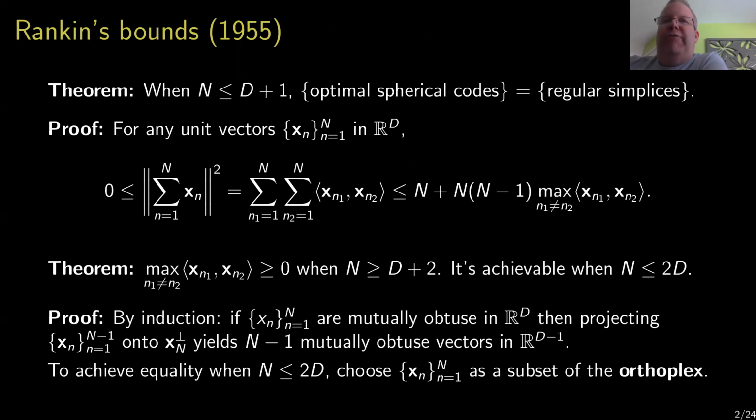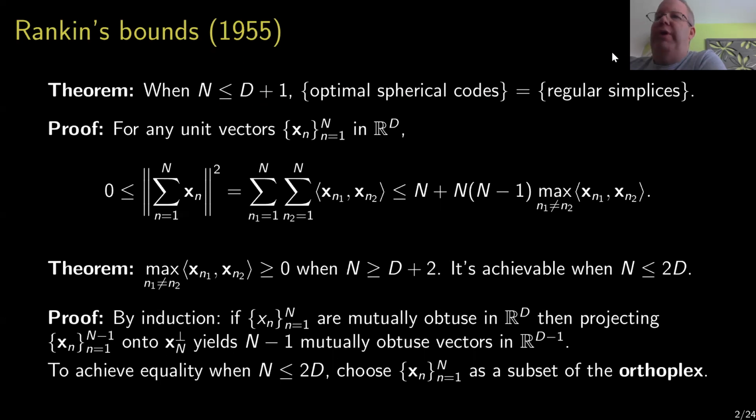You can actually prove this stuff I was just saying. This is related to what Rankin proved in 1955. When the number of points is no more than 1 more than the dimension of your space, optimal spherical codes, optimal packings of n points on the sphere in R^D, are exactly the same as regular simplices.